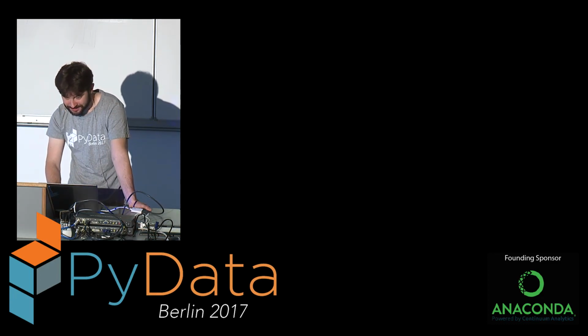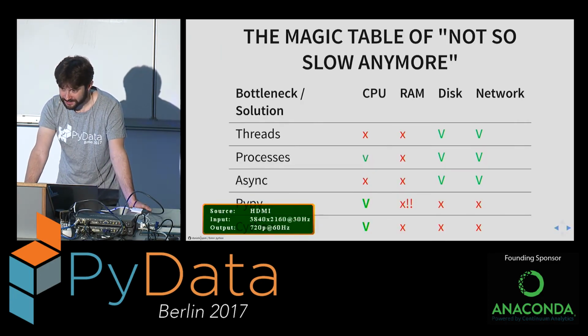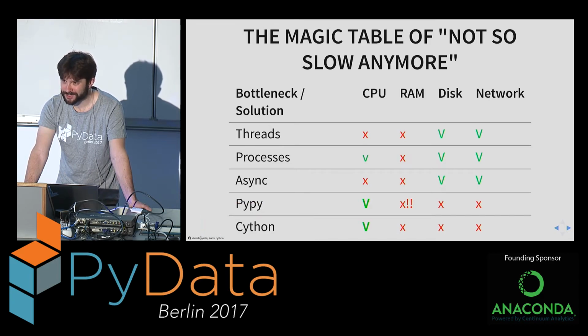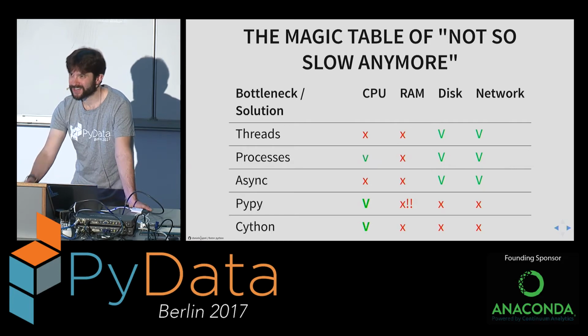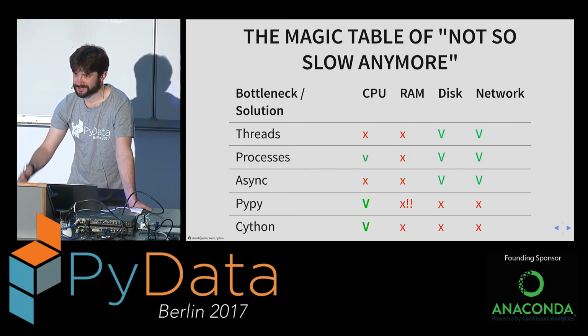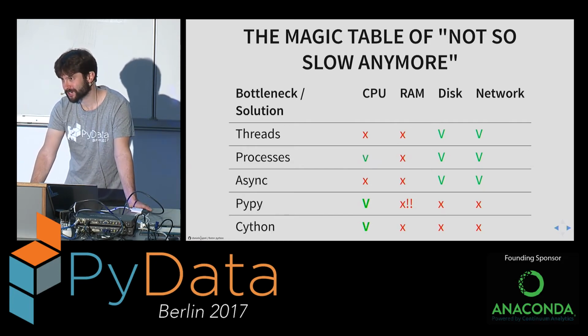If your bottleneck is RAM, probably you are in a good place. If you are running out of RAM, then you're probably in a bad place because your code is crashing.